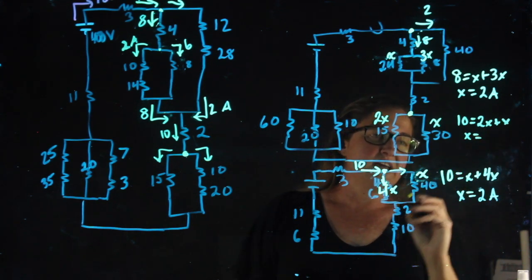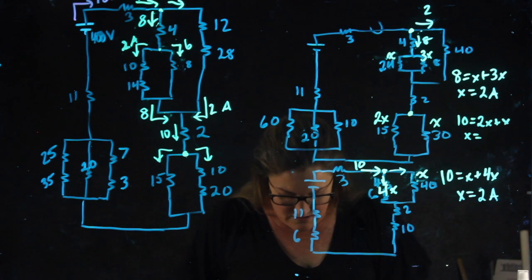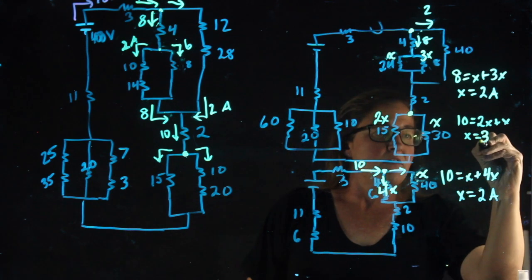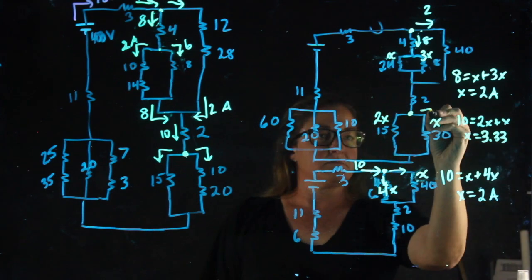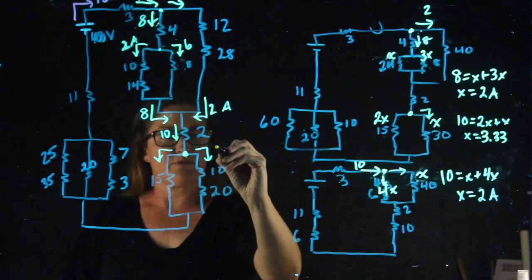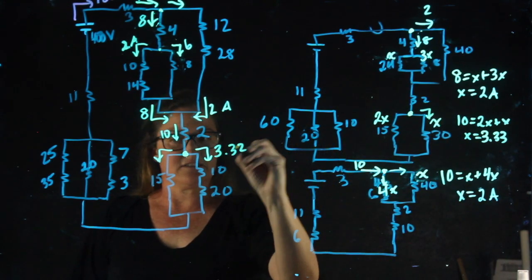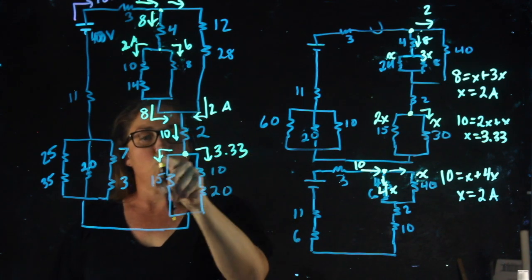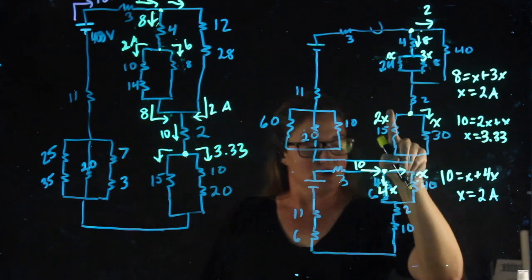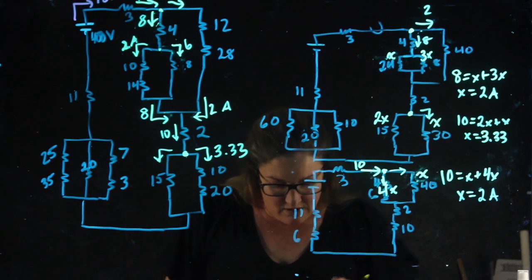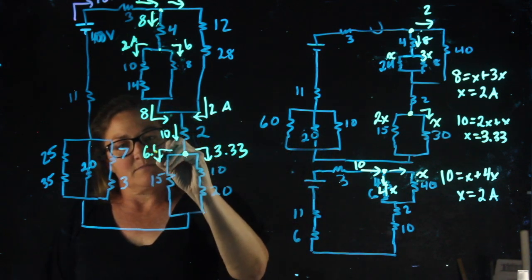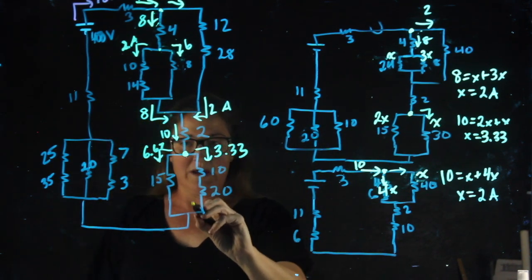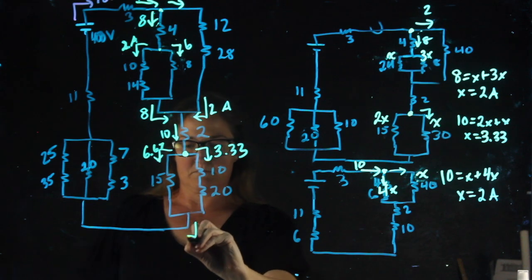X will equal 10/3, 3.33 amps. So 3.33 amps goes this way. Twice as much goes over here because it's 2X, 6.67 amps. They'll join back up at this point.